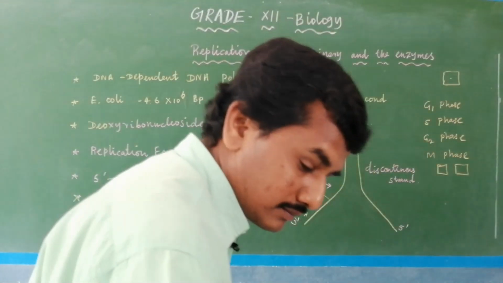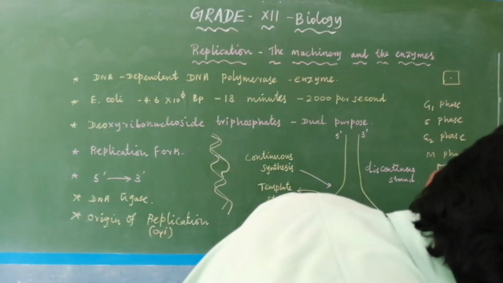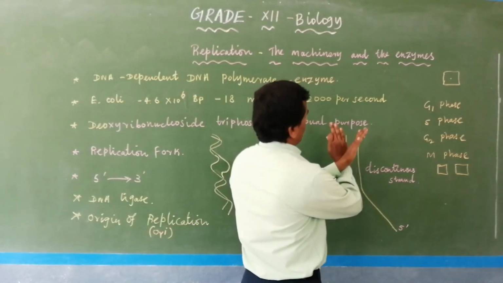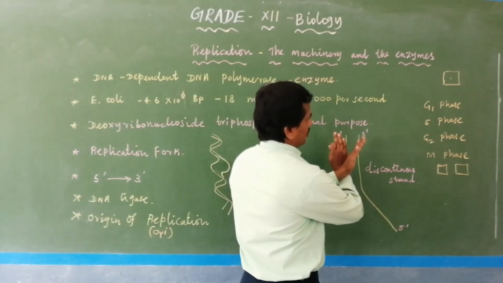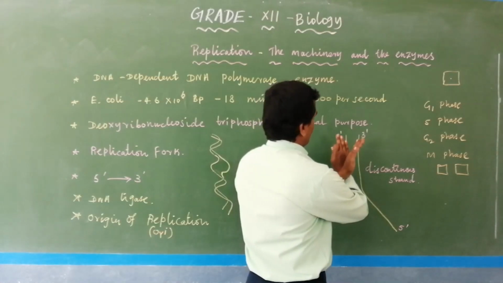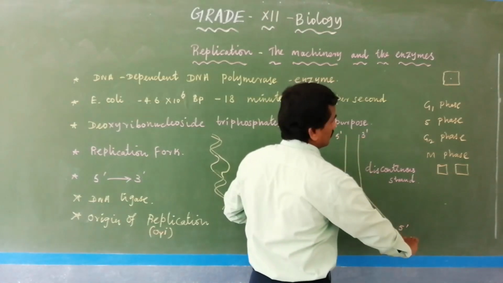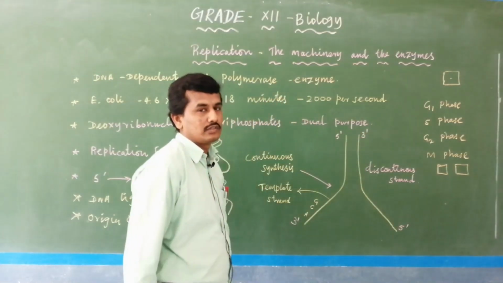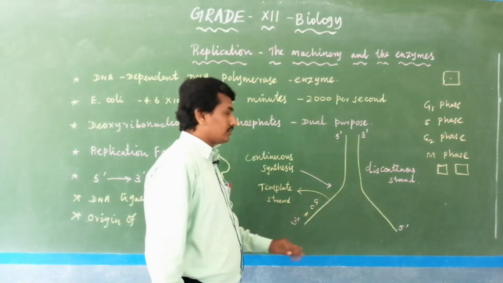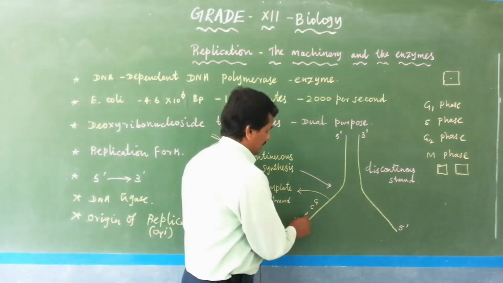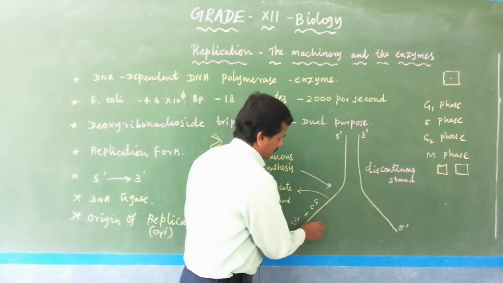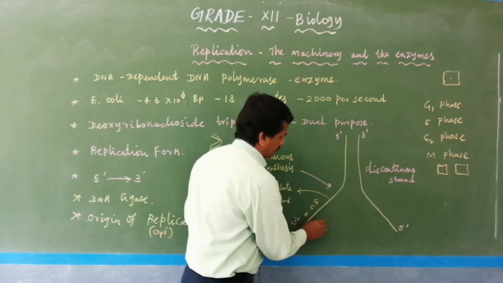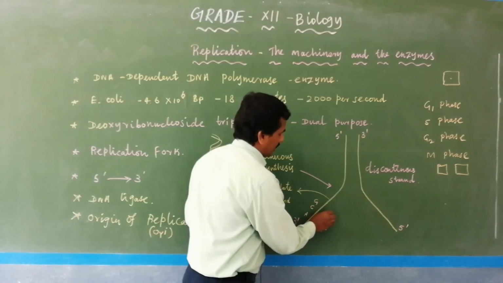This is actually DNA. With the use of helicase and topoisomerase, various enzymes are involved and the DNA gets separated. One DNA gets separated into 2 strands, and from each strand the new DNA is formed. Here adenine gives thymine, cytosine gives guanine, guanine gives cytosine.